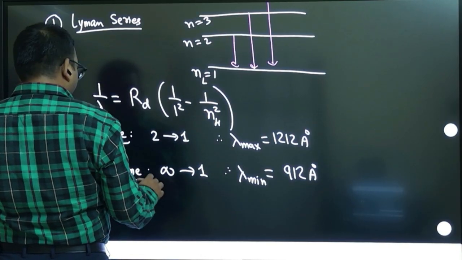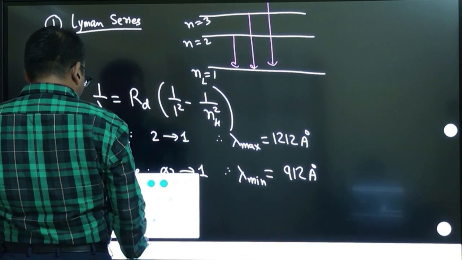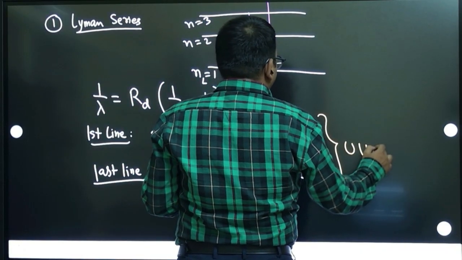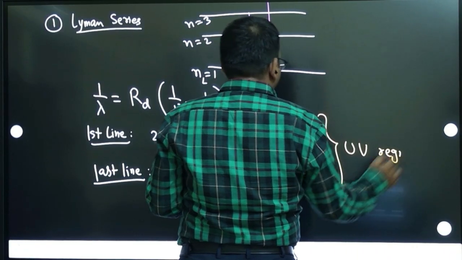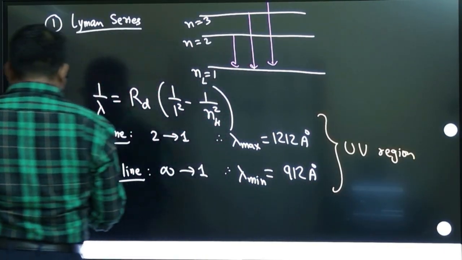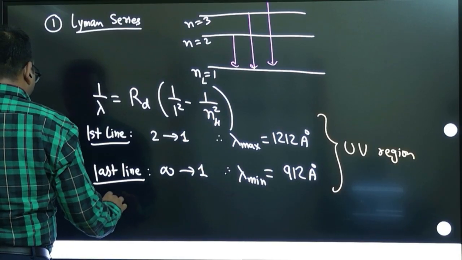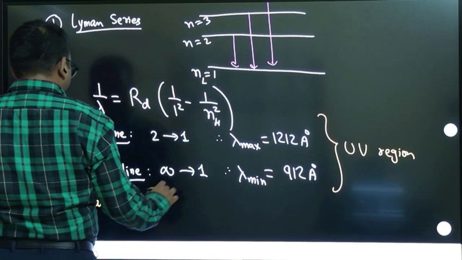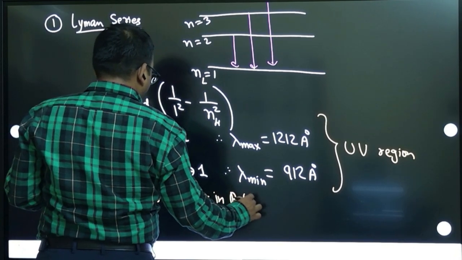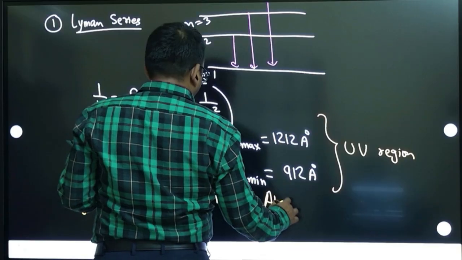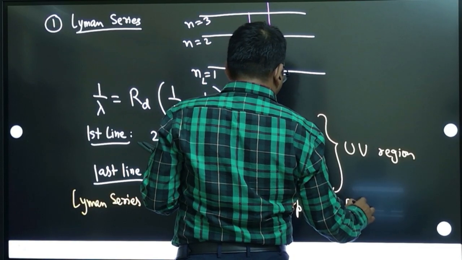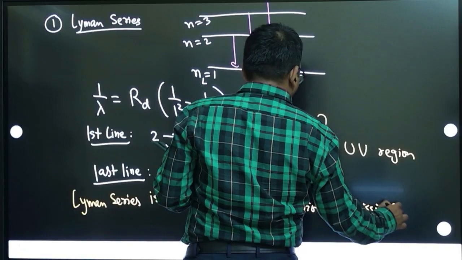Also note that the Lyman series comes under the UV region, the ultraviolet region. And the Lyman series is present in both absorption and emission spectra.